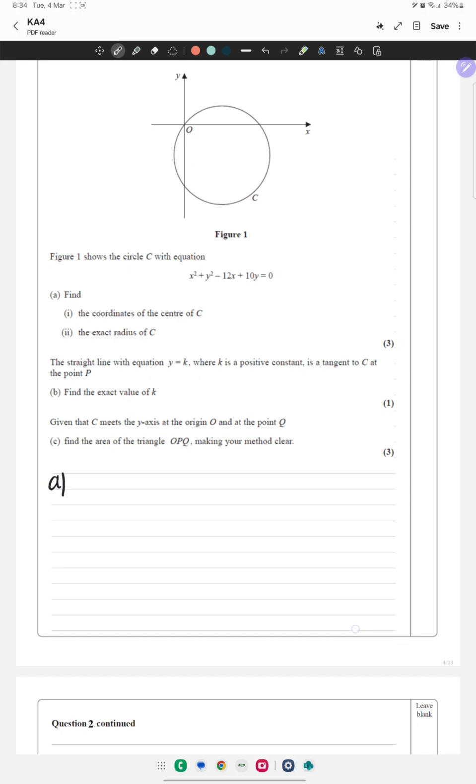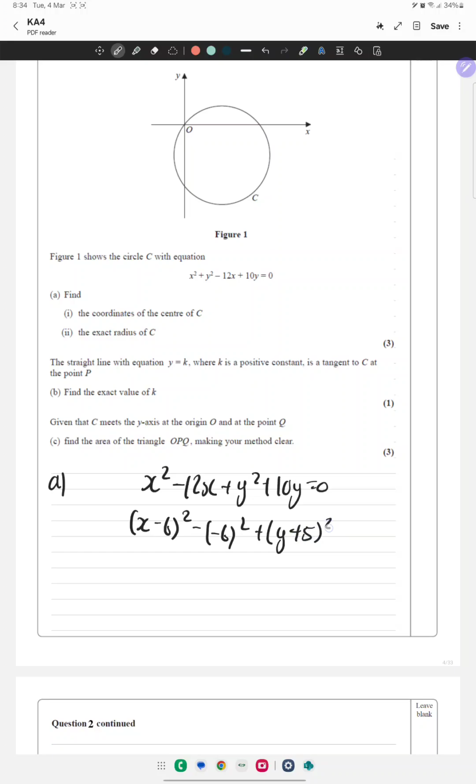So this first bit you can jump a bit quicker through if you would like. Gather up my x's and my y's, complete the square on each, so half that minus 12, take away that number squared, half the 10, take away that number squared.